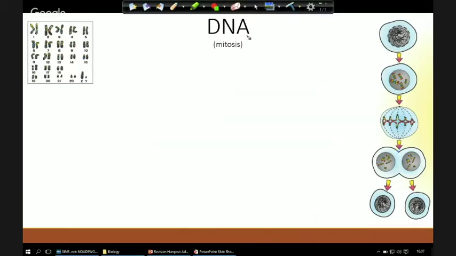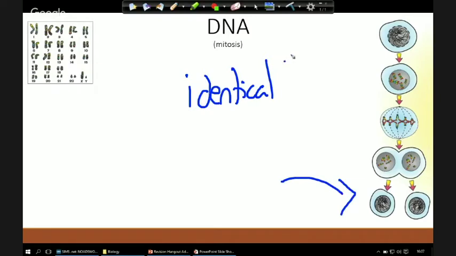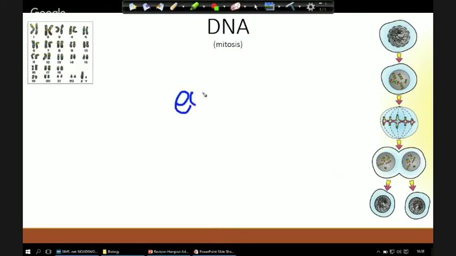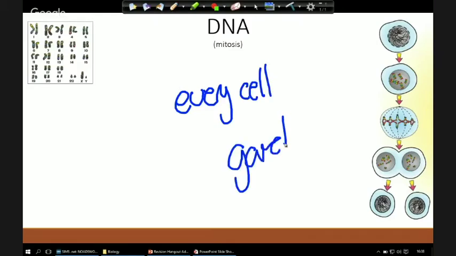So for mitosis, we're having identical cells being formed from one original parent cell, and we're getting that by a single duplication, an even split forming our two cells. So that's mitosis. That occurs in every cell of our body apart from our gametes, our sex cells. They do something slightly different.